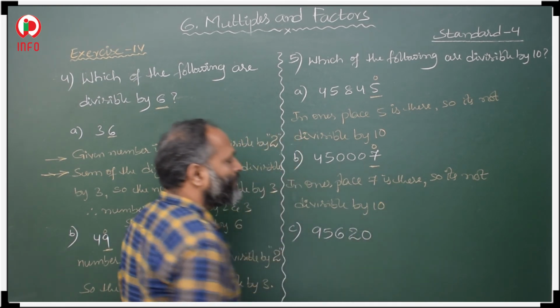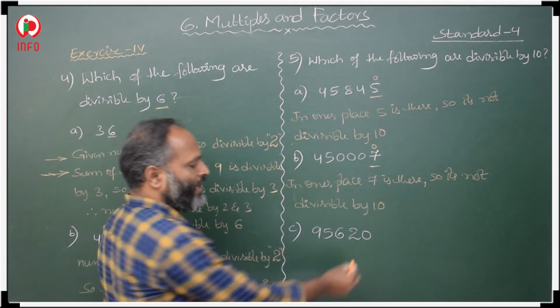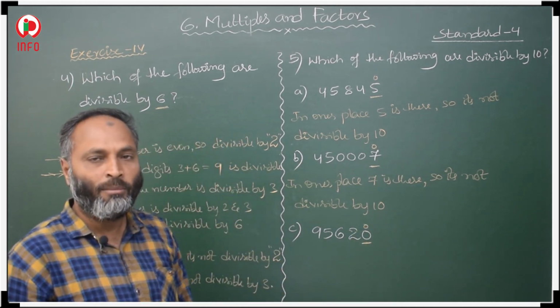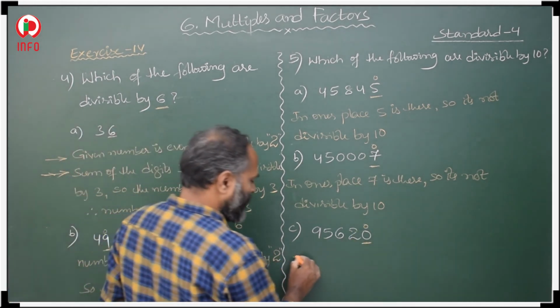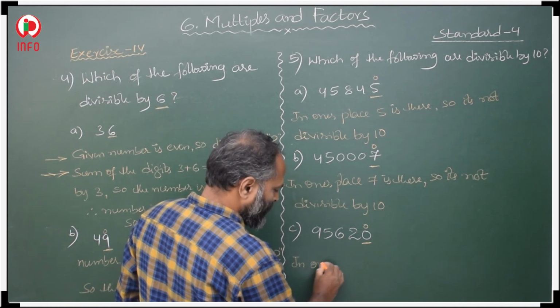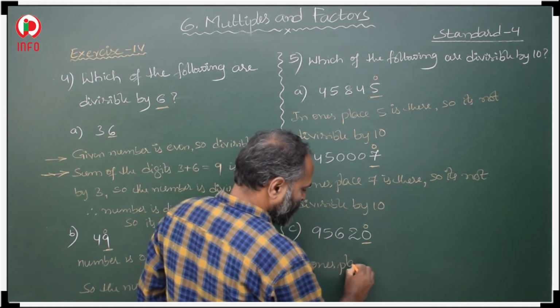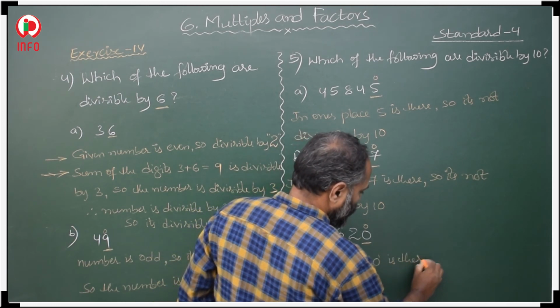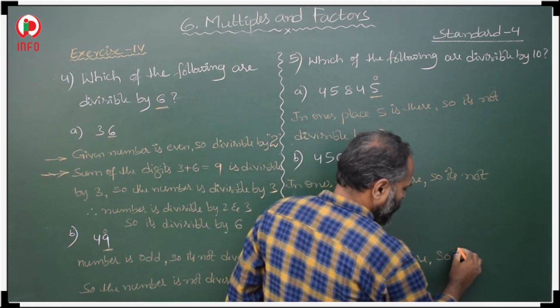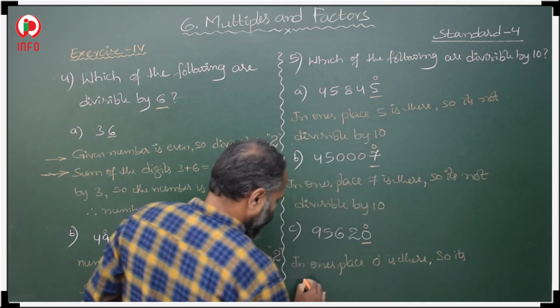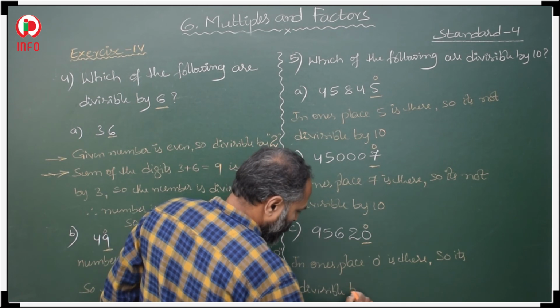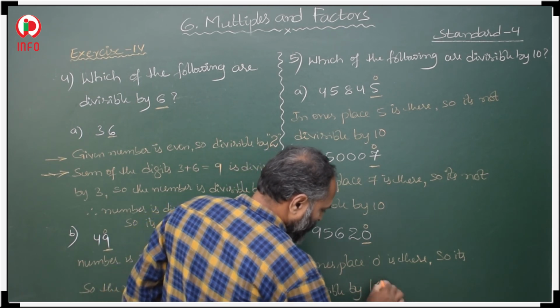Then next, what is there in the ones place? 0 is there. If 0 is in the ones place, then the number is divisible by 10. So it is divisible by 10.